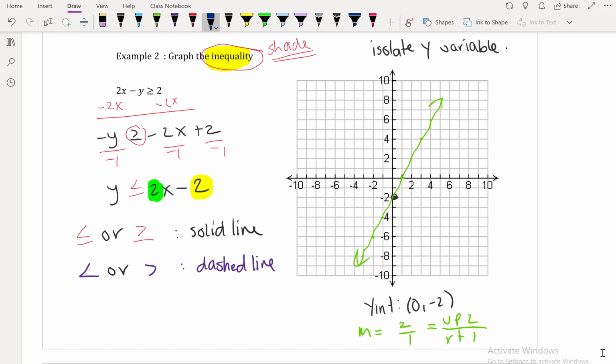And now I have to think about the shading. Since I have y is less than or equal to 2x minus 2, well, because I have the word less, that tells me that I'm going to be shading below.